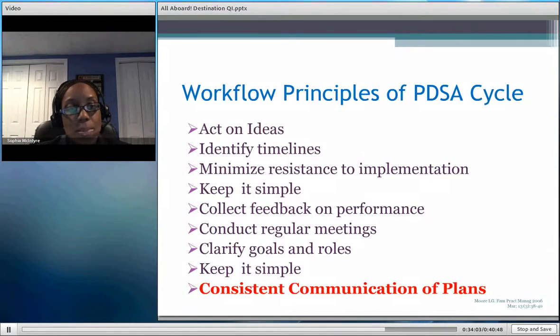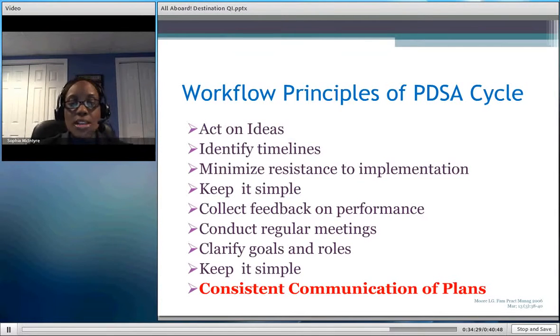You need to be able to identify some timelines. So how soon do we want to work on these plans? Are we going to try this cycle of change for the first month? Are we going to do it for 2 months? Are we going to do it for 3 months? And at what point are we going to reevaluate the success or the lack of success in our PDSA cycle?